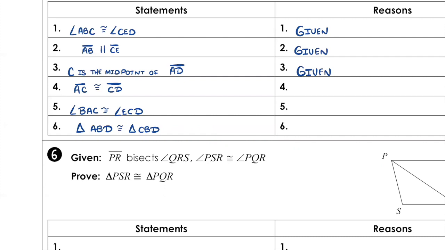So what made AC congruent to CD? Because it's a midpoint. From 3 to 4, what changed? We went from them telling us it's the midpoint to us proving that it's the midpoint. So yeah, guys, definition of midpoint.